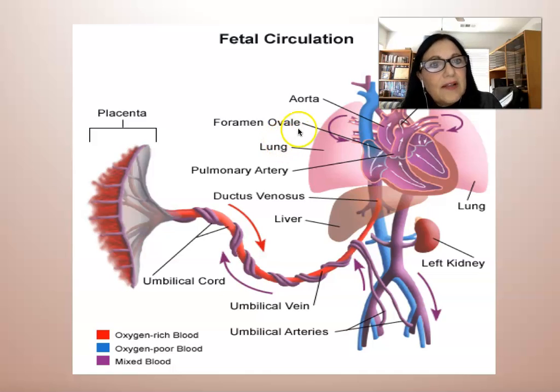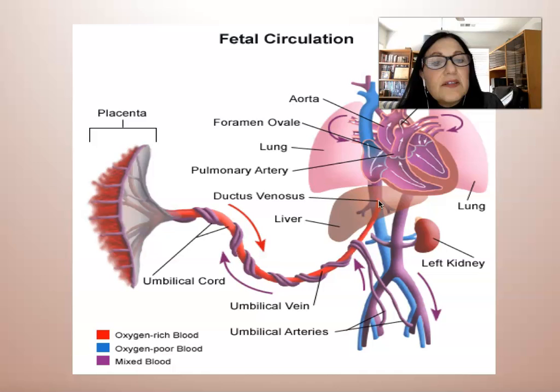Okay, looking a little bit more into detail here, showing the placenta, having the umbilical vein in red, moving from the placenta, carrying the oxygenated blood that mom gave. Okay, mom gave the oxygen. Now the umbilical vein is carrying that oxygen to our first shunt, and we call this the ductus venosus.